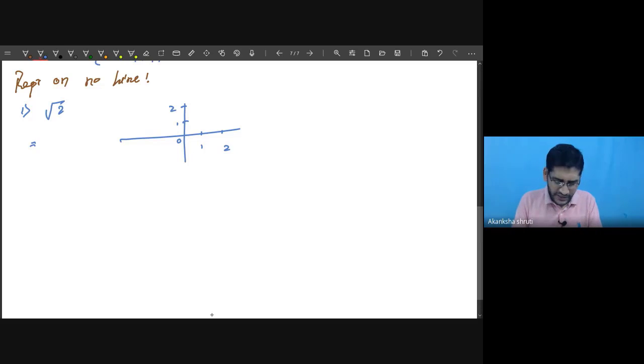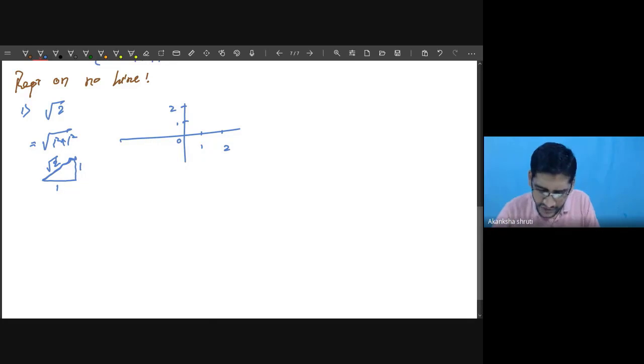So this is based on the Pythagoras theorem that this can be written as 1 square plus 1 square, means a right triangle with base 1 and perpendicular 1, then the hypotenuse is obtained by adding their squares, becomes root 2. So that we are doing, we are drawing the 1 here and we are joining it.